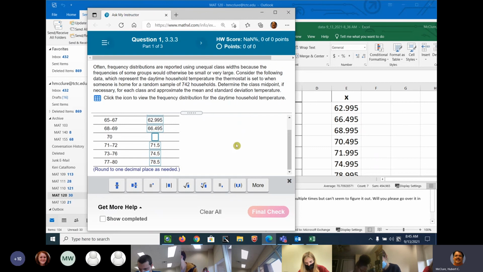See, this doesn't equal right here. The midpoint for 70 is 68.995. They're giving you a problem that's screwed up before you even start it.